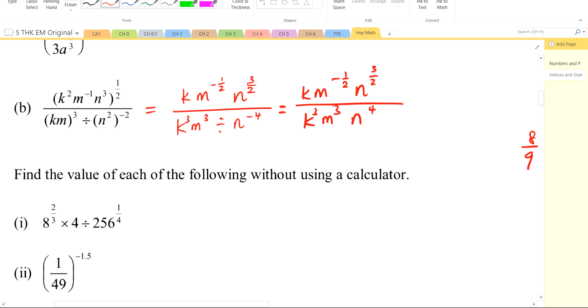Do you know how I change the divide n power negative 4 into n power 4? I skip one step. I hope you can see it. N power negative 4 is the same as 1 over n power 4. So divide by 1 over n power 4 is the same as times n power 4. Understand?